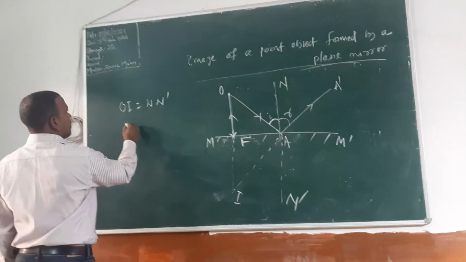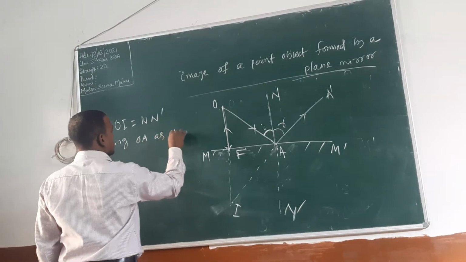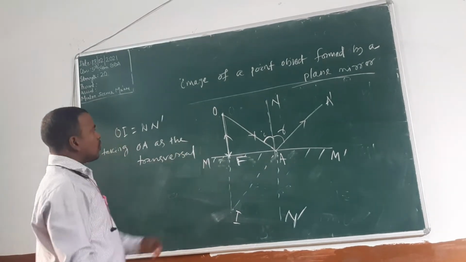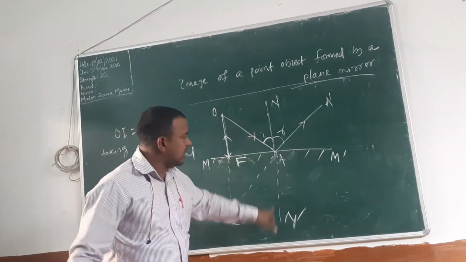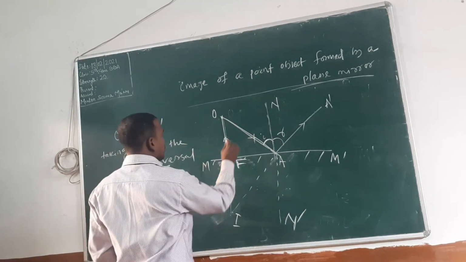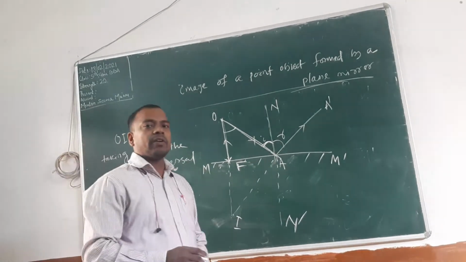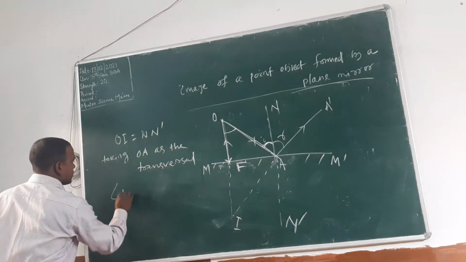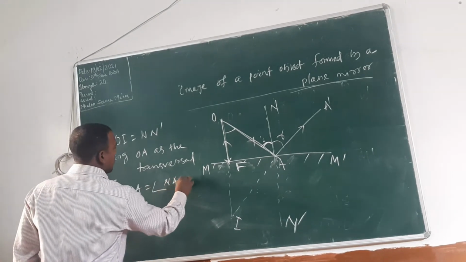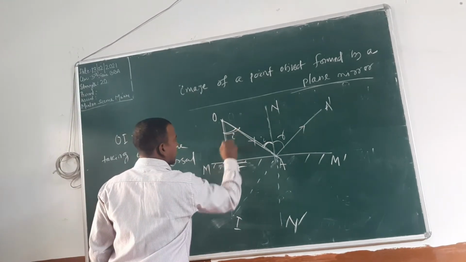Now taking OA as the transversal, this angle and this angle are the same because these are alternate interior angles. Means angle FOA is equal to angle NA dash. So this angle is the same as R.